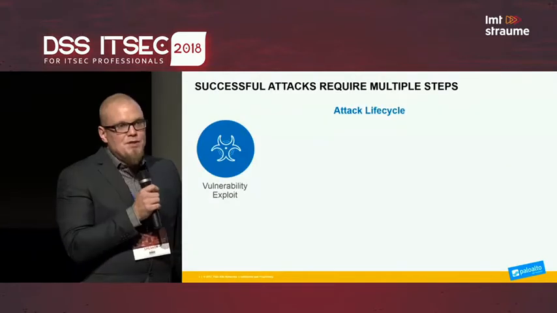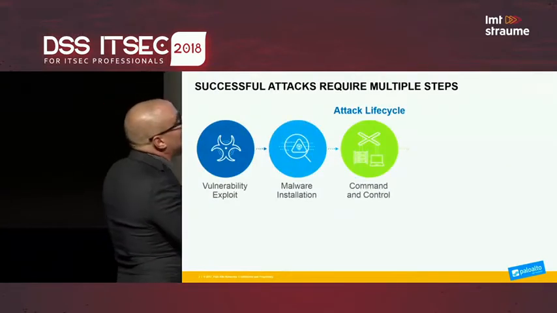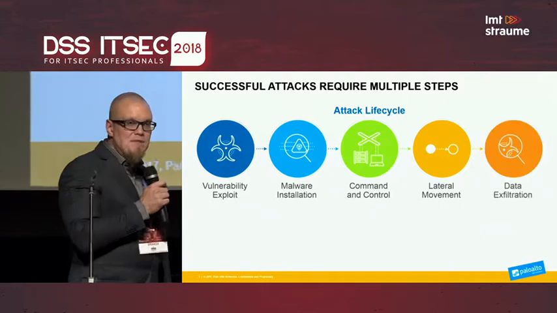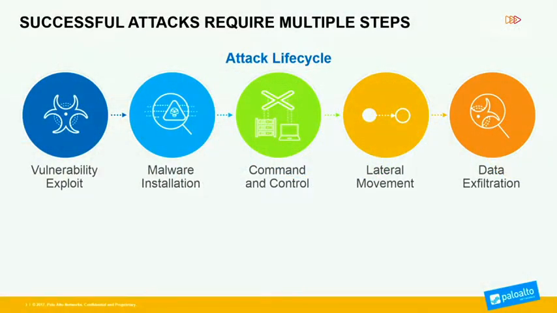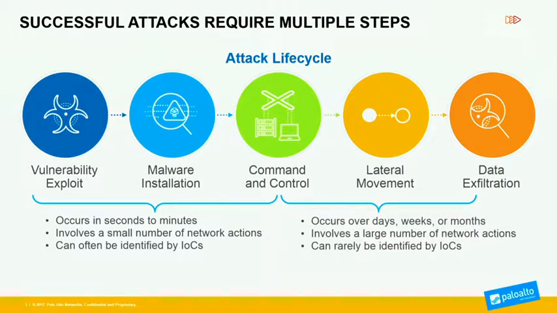If we look at a successful attack, it requires multiple steps. This is what we call an attack life cycle or a kill chain, whatever you want to call it. But we can split it into two parts. The first part is the first three steps happening here. What's common on these is that it's usually very fast.